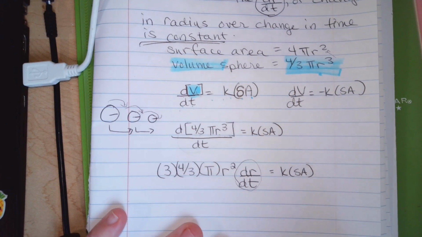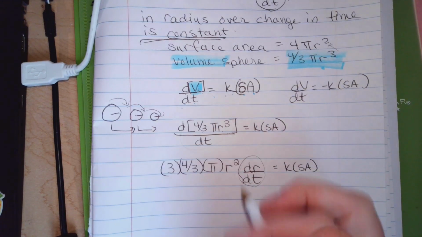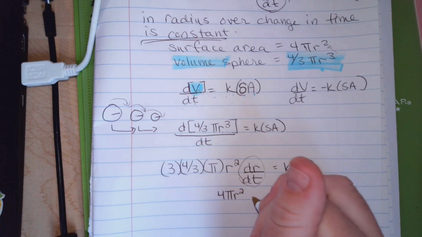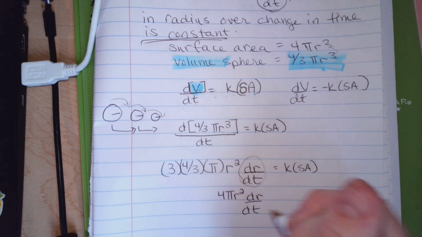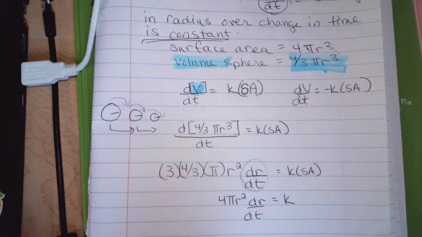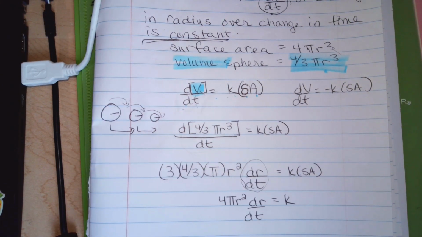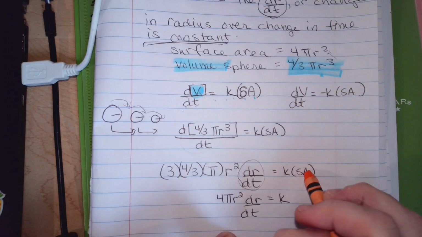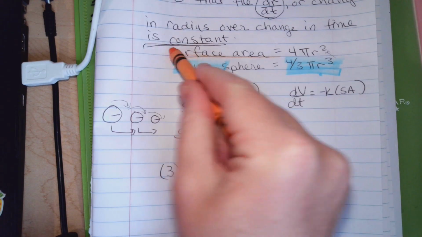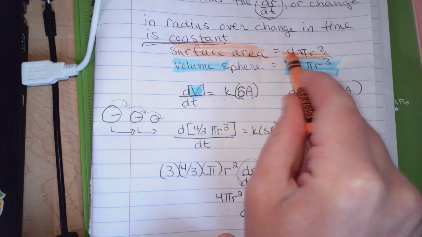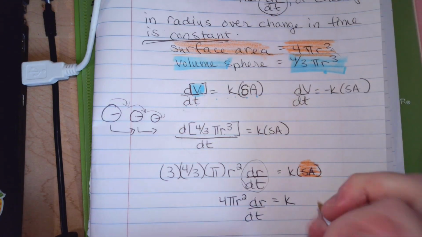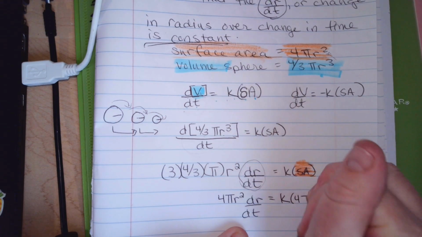So let me just clean this up and see what we have. We have 4 pi r squared dr/dt equals K. And now I'm going to substitute in, using my orange crayon, for surface area, coming way up here and substituting that in here.